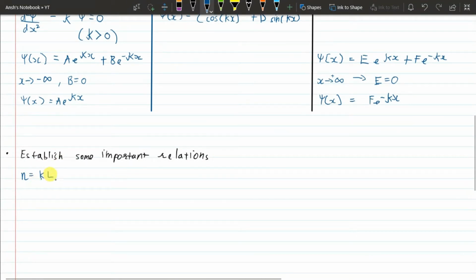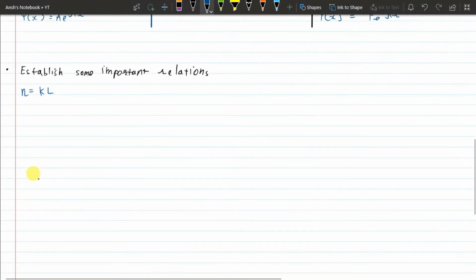So k multiplied by L will be a dimensionless quantity which we call eta, and you can think of eta as a sort of proxy for k, and you'll see why we need to make this proxy. But before that, we'll make another proxy, which is that c is equal to kappa L.